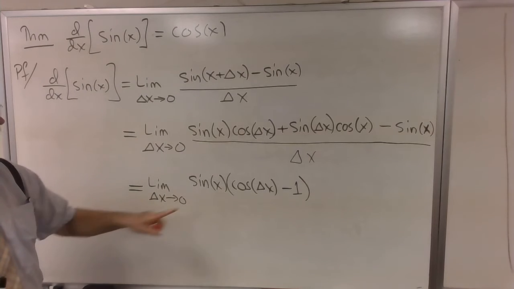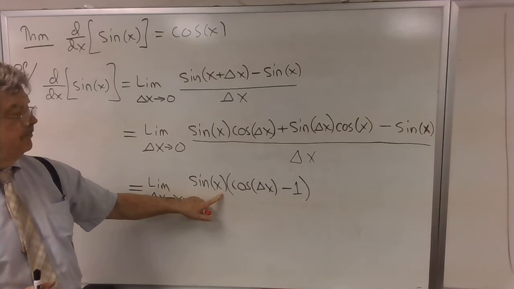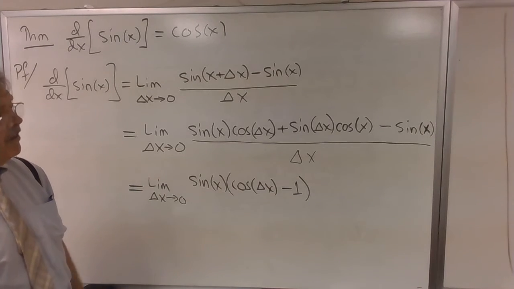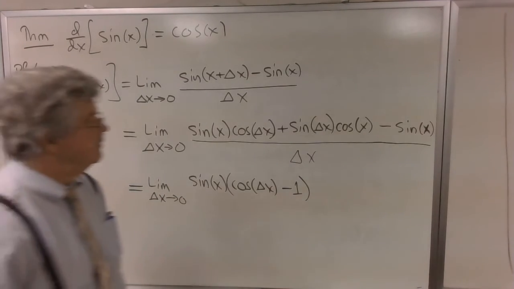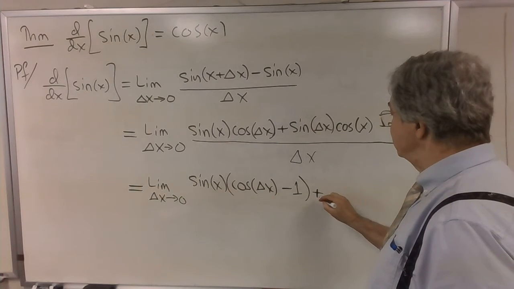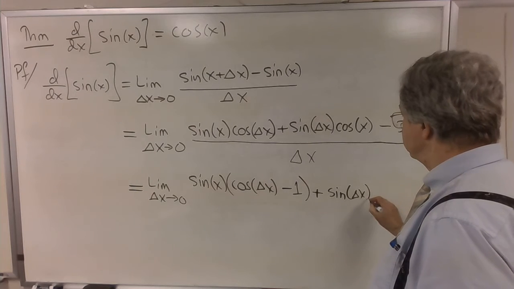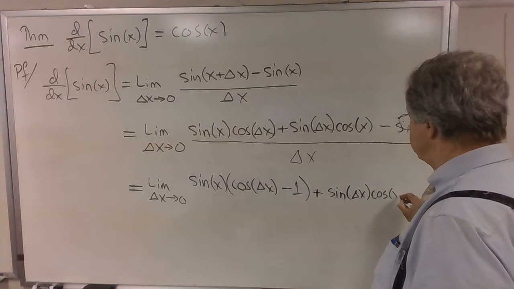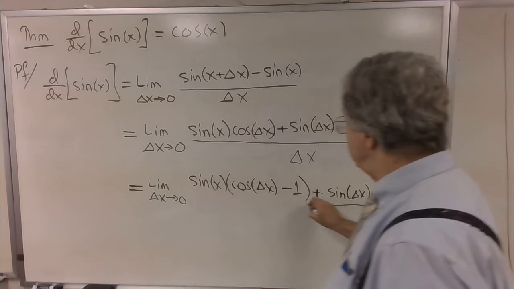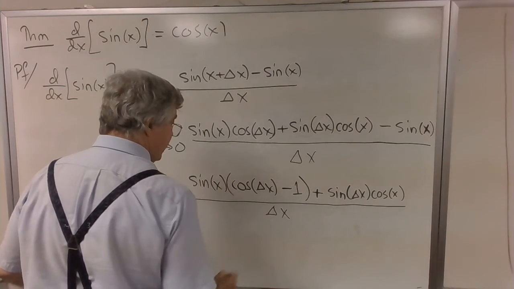I factored sine of x out of the first term and the last term. Now, I also have the second term, which hasn't gone anywhere. It's still there. I can't ignore it. And all of this is over delta x.